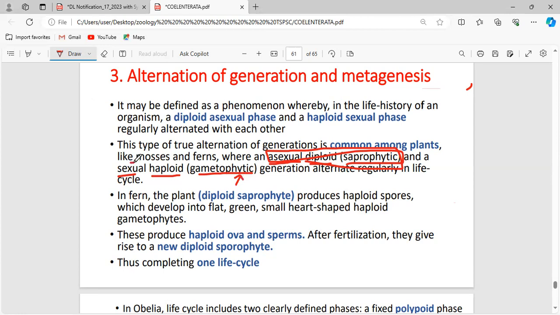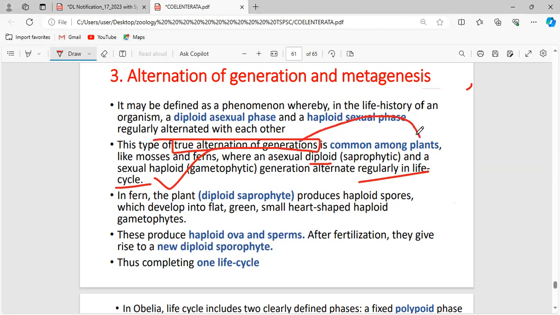That is why it is said to be the sexual haploid gametophytic. In case of asexual, it is diploid and it is sporophytic. And these two types of life cycle will alternate regularly throughout their life cycle. That is said to be the true alternation of generation, and this will be seen among the plants.